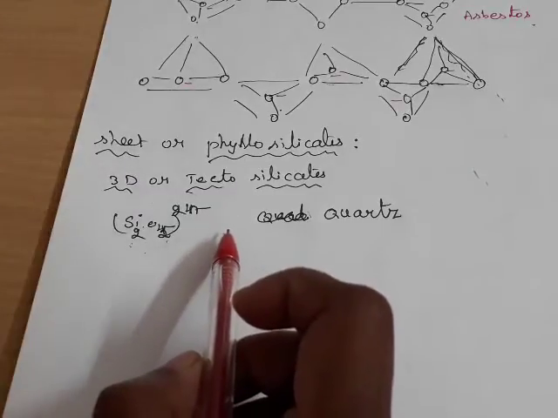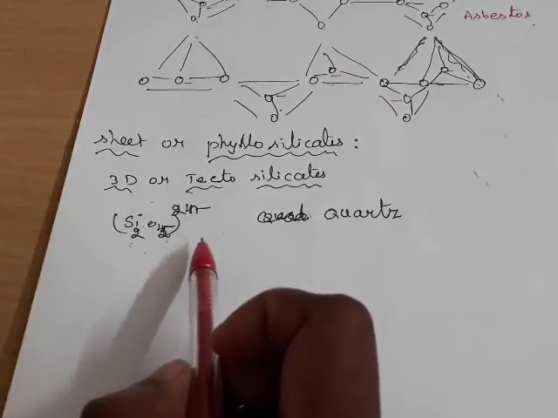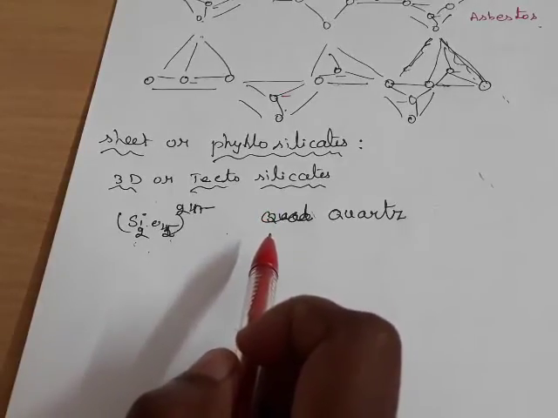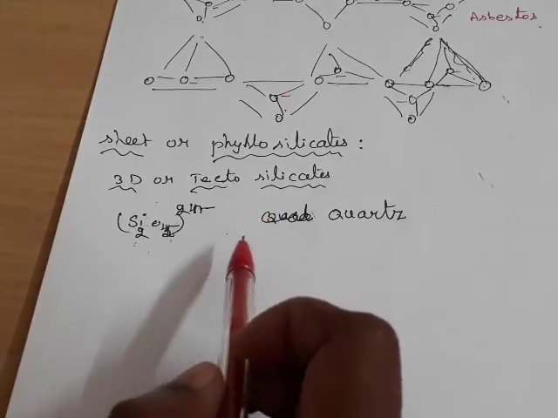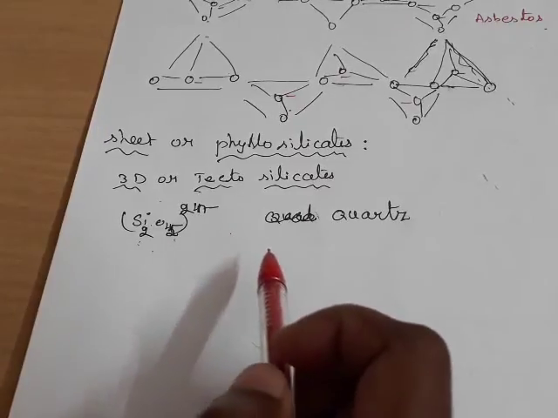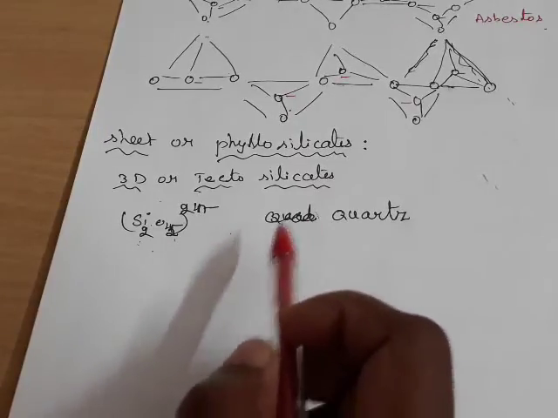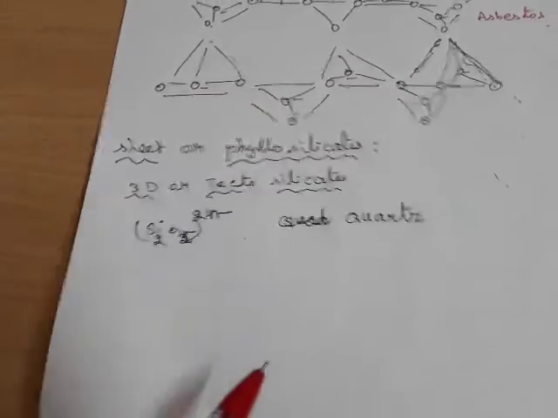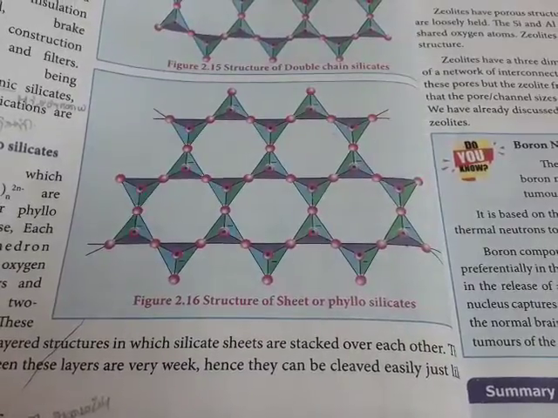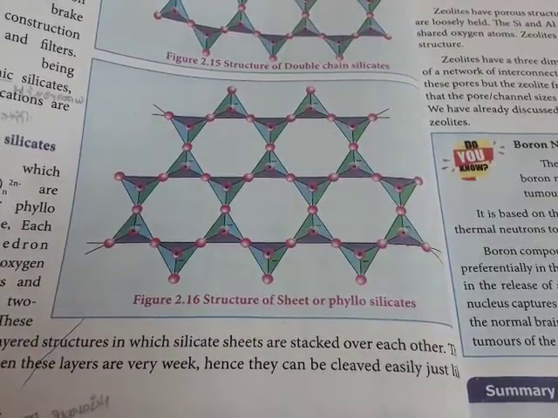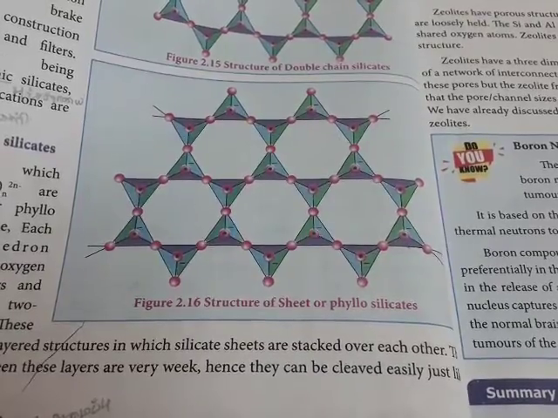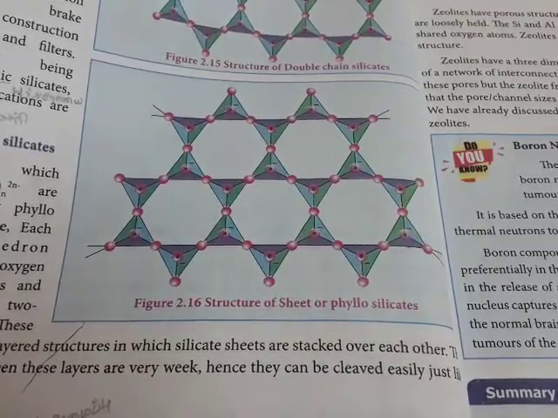Examples of sheet silicates are talc and mica. Each phyllosilicate has SiO4 units in a 3-dimensional structure that looks like a sheet, so it is called the sheet silicate or phyllosilicate. Okay, thank you students.